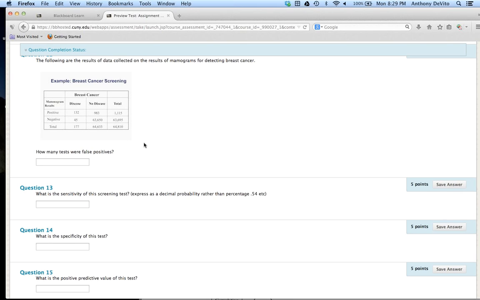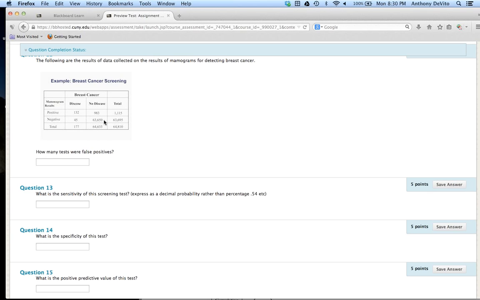Somebody give me the negative predictive value. What do you think the negative predictive value would be? That's if you test negative, right? How many people tested negative? Okay, looks like 63,695 people tested negative. Out of those 63,695 people, what's the probability that you're really negative?